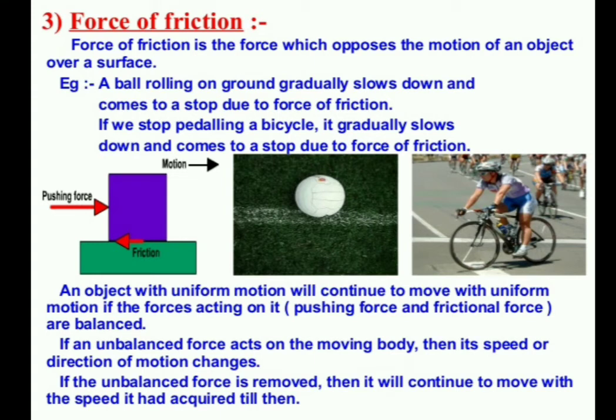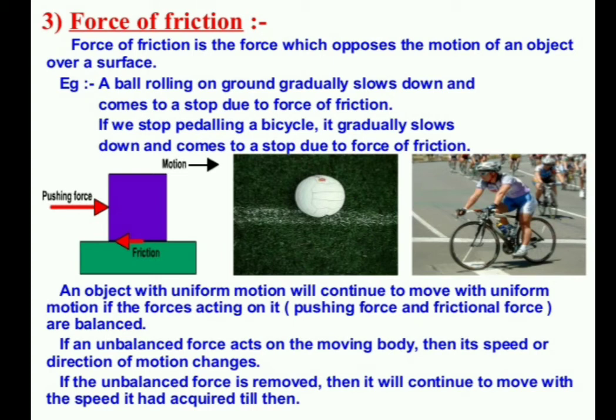So once again, force of friction is the force which opposes the motion of an object over a surface. We are discussing examples. First example: a ball rolling on the ground gradually slows down and comes to a stop due to force of friction. We apply force to the ball, and it moves on the ground.